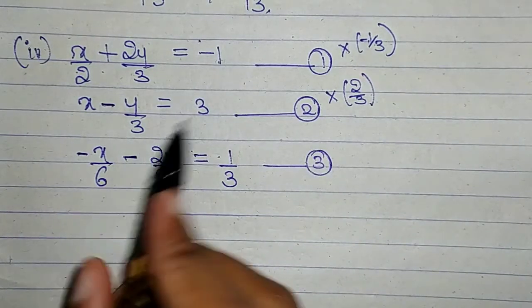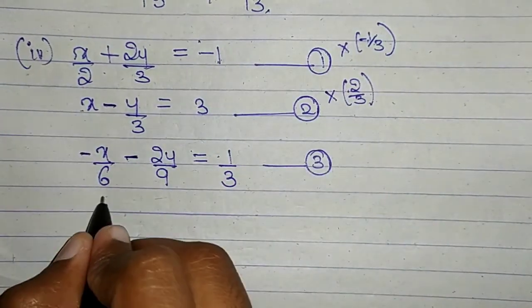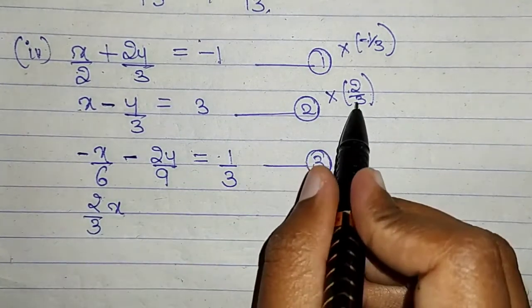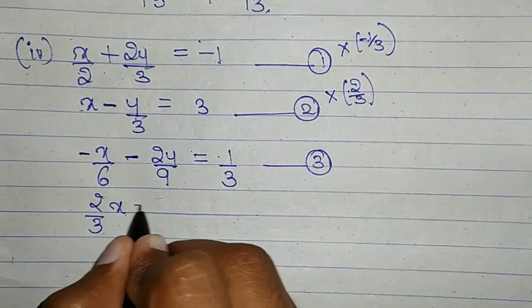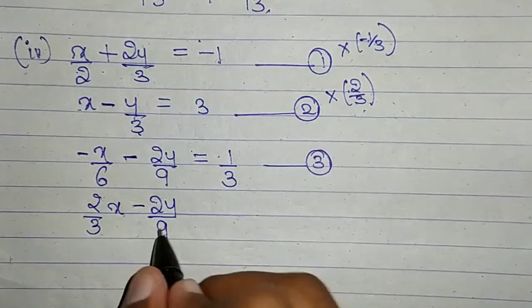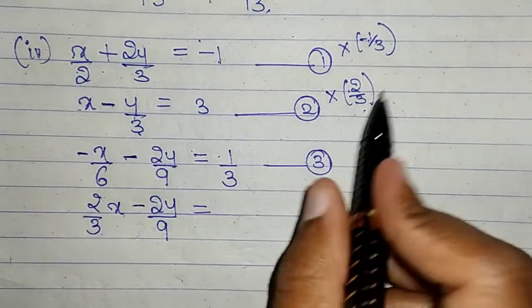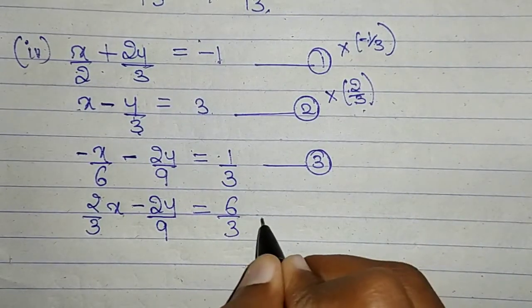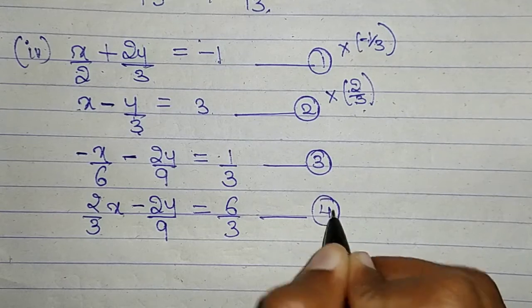And similarly 2 by 3 into x, we'll get 2 by 3x. 2 by 3 into minus 1 by 3, minus 2y by 9, is equal to 2 threes are 6 by 3. This is our fourth equation.